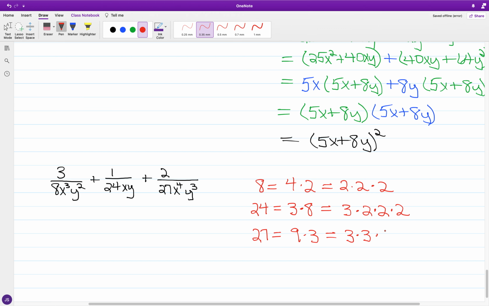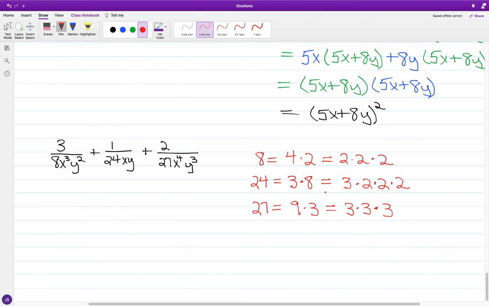So 27 will be 3 times 3 times 3. So your prime factors in the mix will be 2 and 3. And of course, for the variable factors, we have the letters x and y.